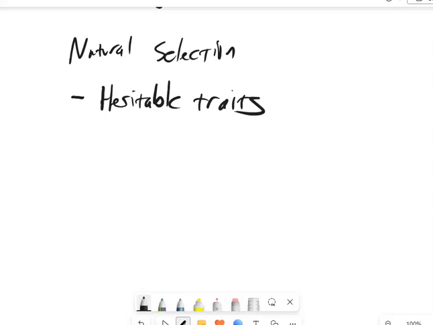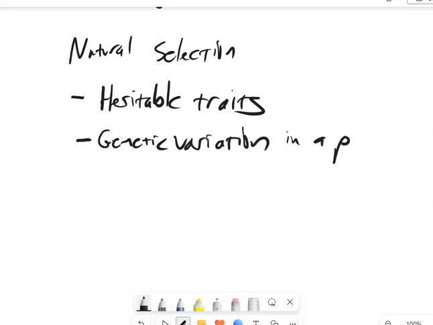So here, a trait is anything a protein might encode. So it might be an enzymatic ability, it might be the shape of a receptor, or whatever. Or in humans, it's these emergent properties that come from lots of different proteins. And there has to be genetic variation in a population, which is what I was just talking about.